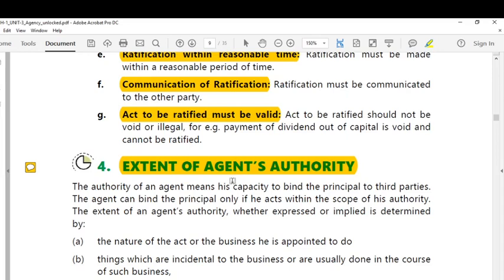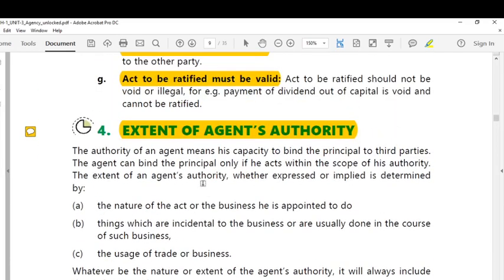See, the agent is a link between the principal and the third party. And to what extent can he exercise his authority in binding the principal for the actions done? So, what the law says with regard to that, we will study right now.